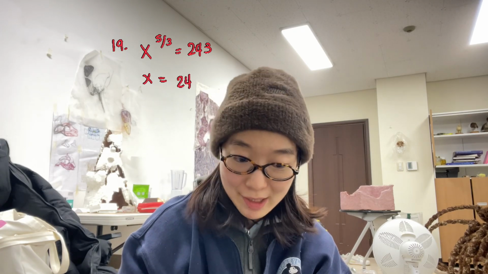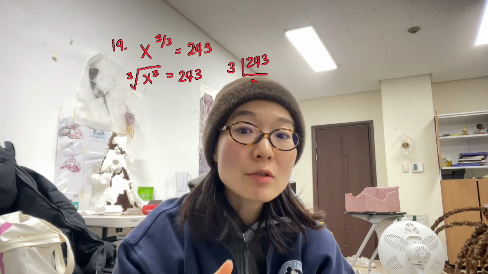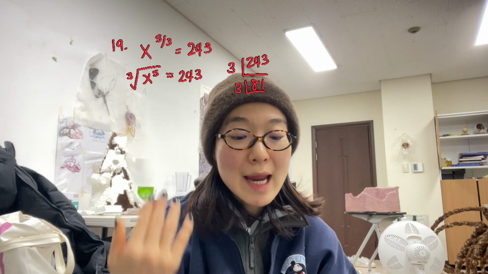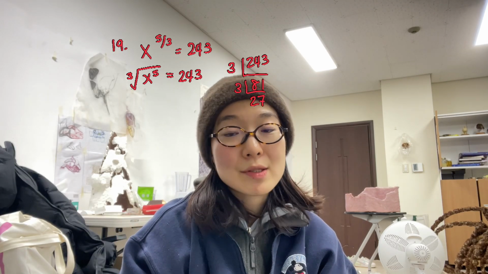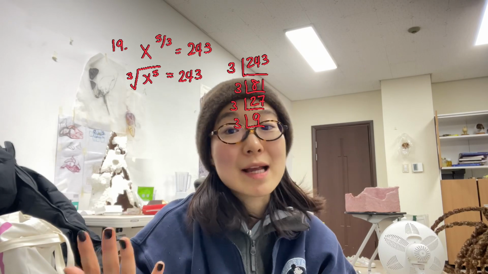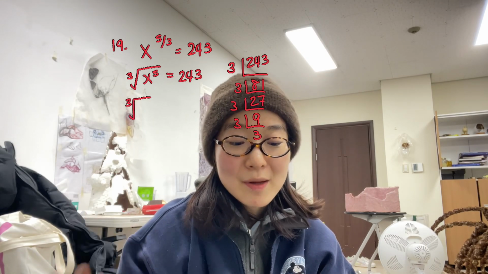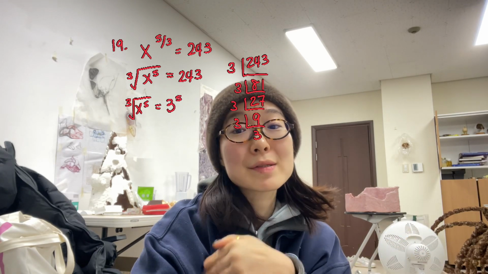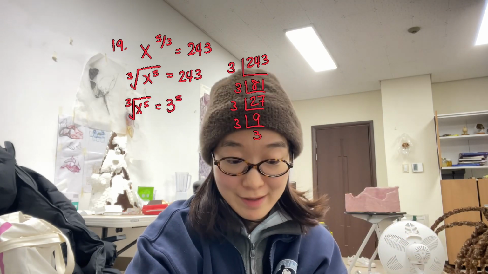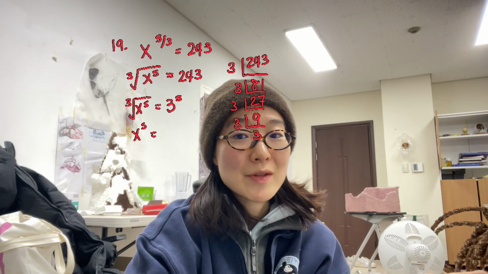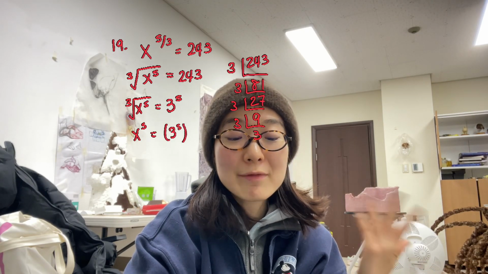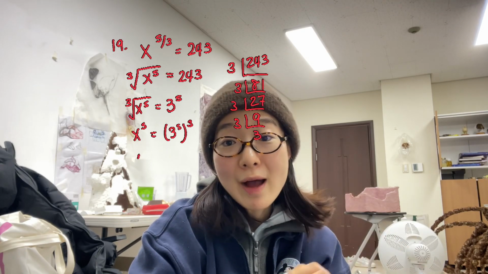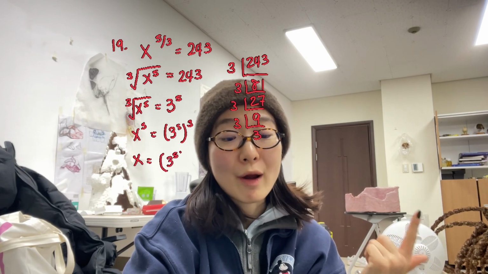Number 19, we're moving on to x raised to the power of 5 over 3 equals 243. So I'm going to factorize 243, and it turns out 3 raised to the power of 5 gives us 243. So that means x raised to the power of 5 is 3 raised to the power of 5 that is also raised to the power of 3.